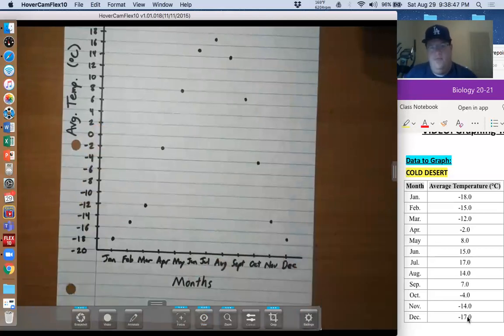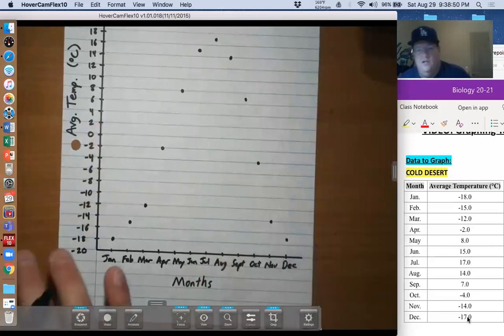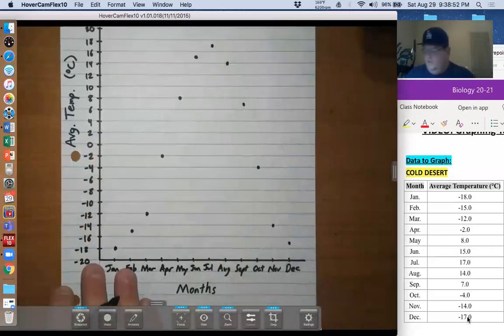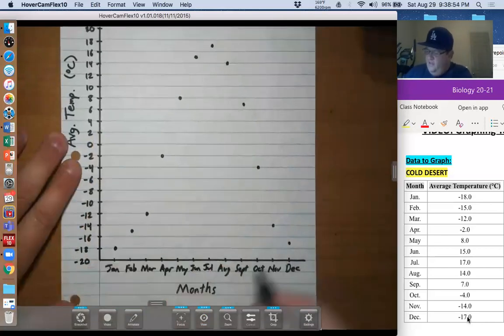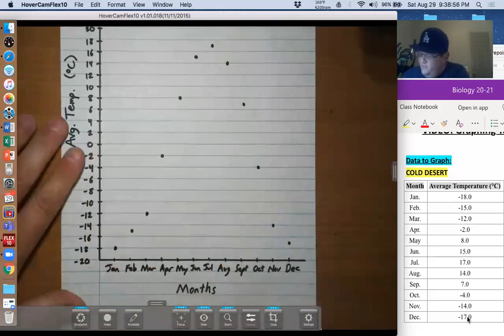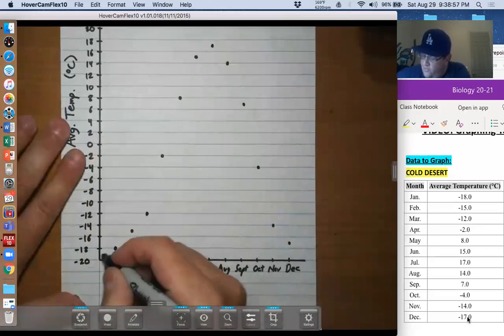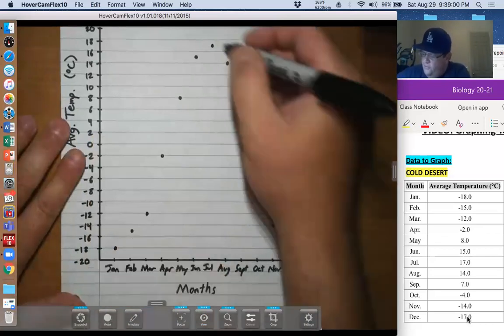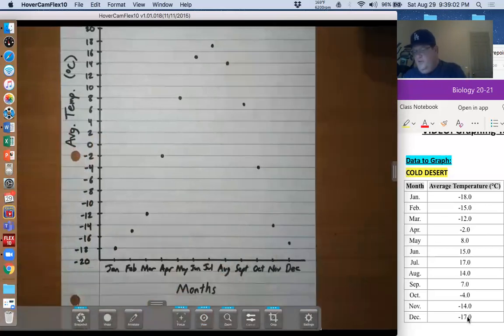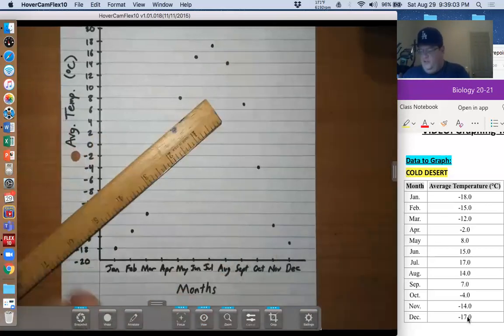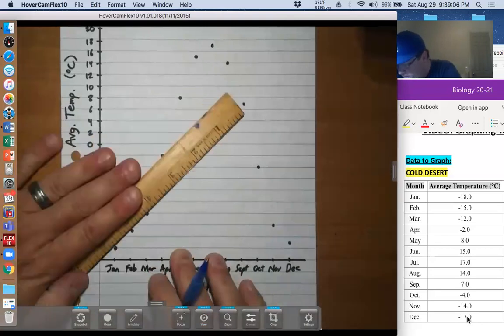Okay. Now, depending on what kind of graph you're doing, sometimes it's a connect the dots. Sometimes it's more of like a curve that goes close to the dots. In this particular one, I'm going to ask you to actually connect the dots. And I'm going to use a pen just so it doesn't get all messy and nasty.